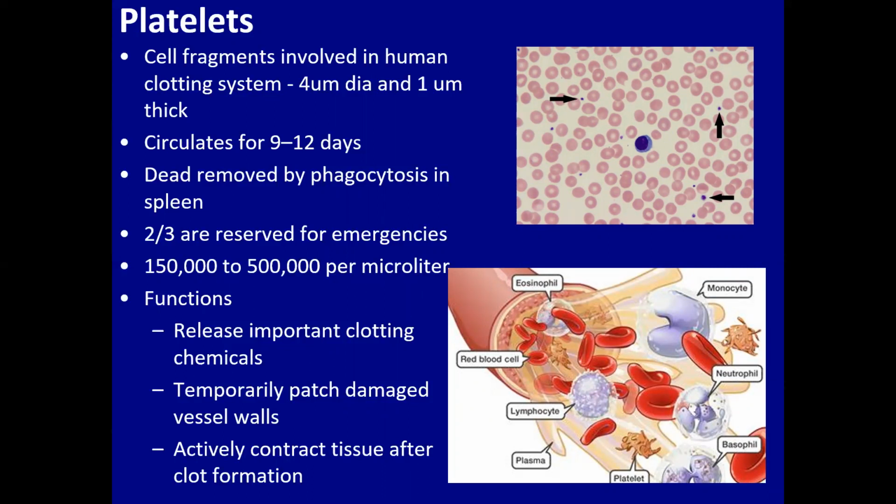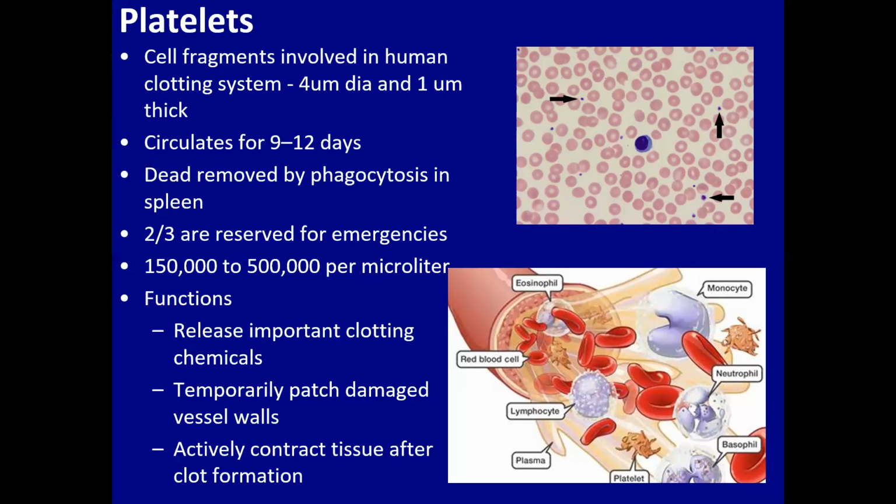So platelets are small. They only circulate for 9 to 12 days, and they're removed in your spleen by phagocytosis. 2/3 of your platelets are just hanging out and are reserved for emergencies. Their job is to release clotting chemicals, patch vessel walls, and contract tissue after clot formation.